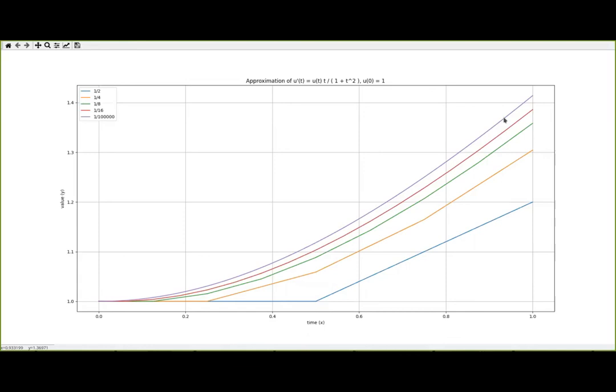So to summarize, in this video we have seen two examples on how to use the error bound for the Euler method. We've seen a few typical calculations on how to find the parameters L and M for the error bound. And in the two examples that we have taken a look at, we have seen that our upper estimate for the error holds up pretty well in comparison to the true error.